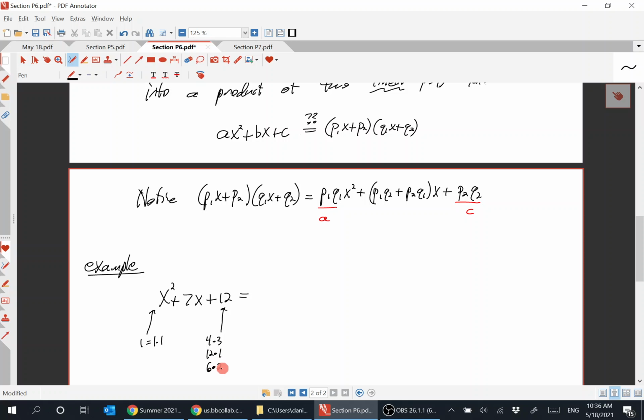It's also 6 times 2. Those are different ways to write 12 as a product of two numbers. Okay, well, let's look at one of them, 3 and 4. Notice that 3 plus 4 is 7, right? So that might work out here. 3 plus 4 is 7.